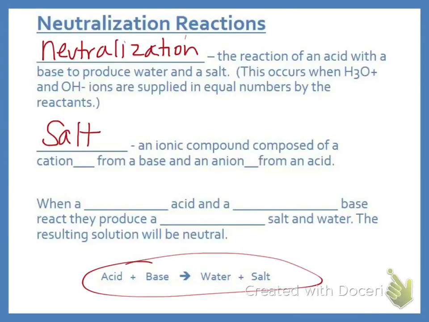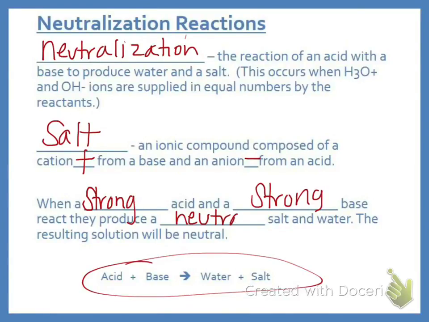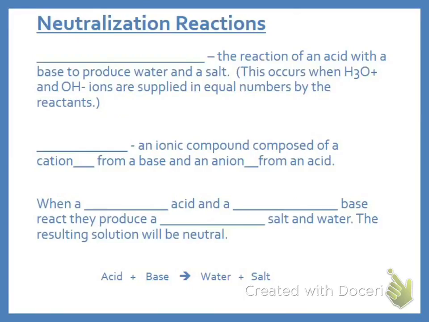They're an ionic compound composed of the cation from the base and the anion from the acid. Okay? And, of course, we just need to know when a strong acid reacts with a strong base, we produce a neutral salt in water. So this resulting solution will be neutral. And then here's a couple of examples.